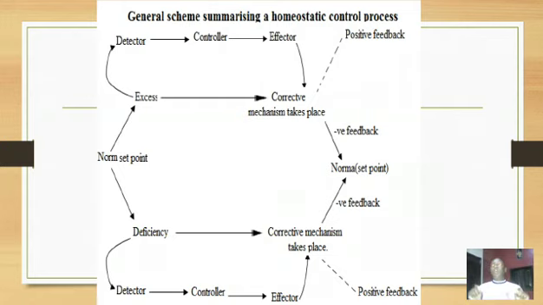Now, the controller then sends information to the effector. Remember, corrective information to the effector, so that the effector now sets into action corrective measures, corrective mechanisms to increase that factor back to the normal.